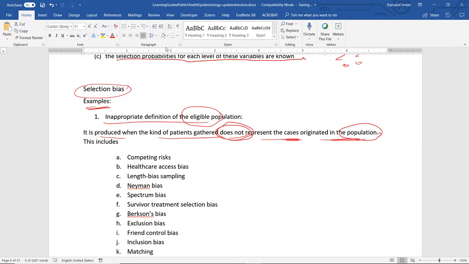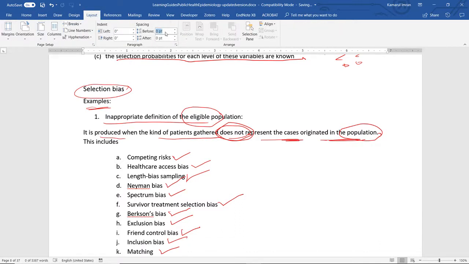So this can be due to competing risk, healthcare access bias, land bias sampling, Neyman bias, spectrum bias, survivor treatment selection bias, Bergson bias, exclusion bias, friend control bias, inclusion bias, matching, what else?